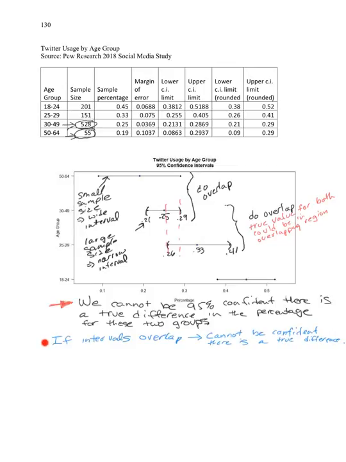If the intervals overlap, we cannot be confident there is a true difference. And if intervals do not overlap, we can be confident there's a true difference.